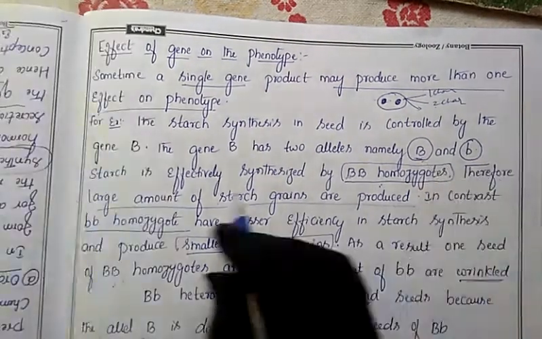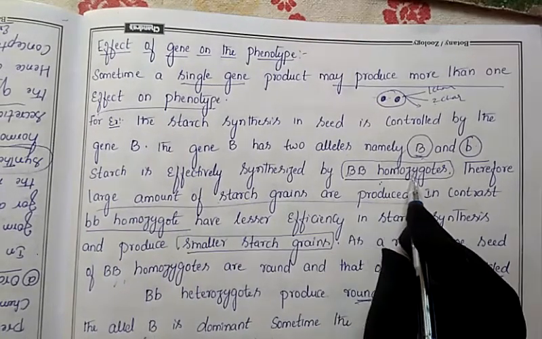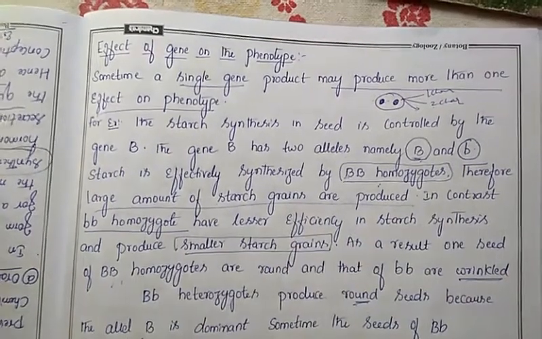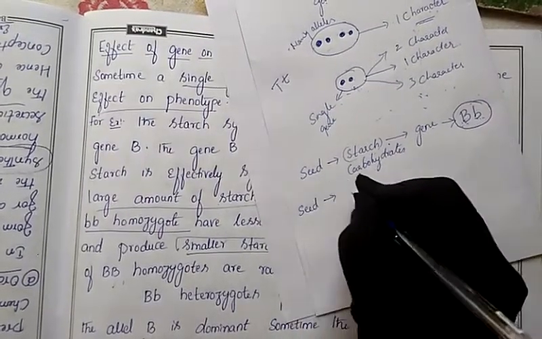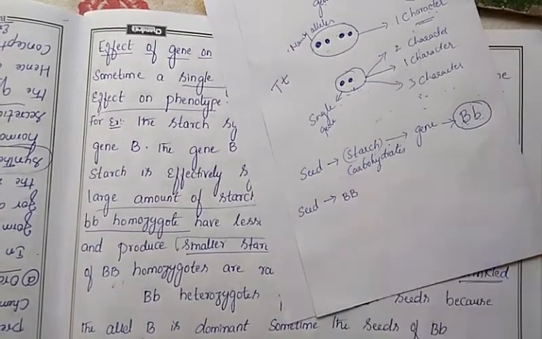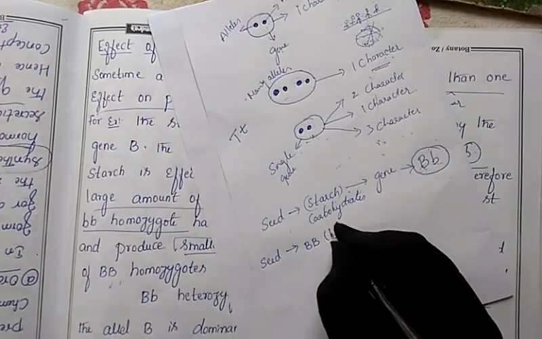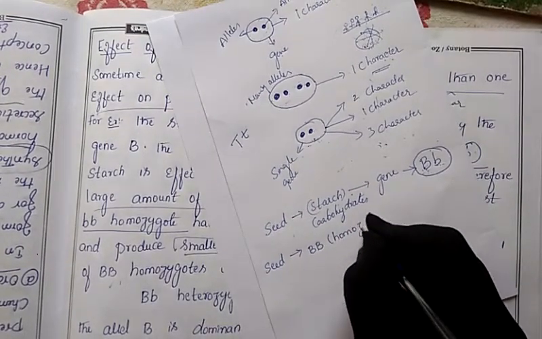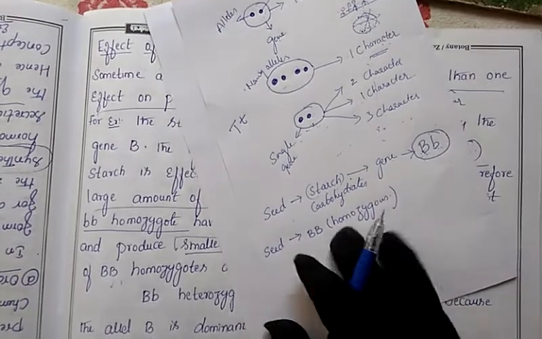Next, starch is effectively synthesized by the capital B homozygous condition. Suppose the seeds contain this type of genes; that is nothing but the homozygous condition. This is homozygous because both are the same.